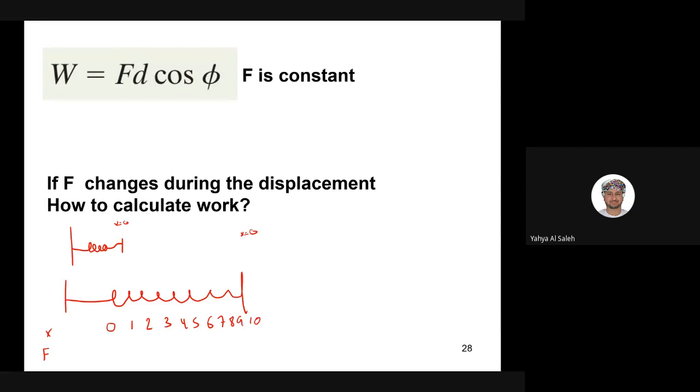My force, because it's F equals kx, now k is just a constant, so for the sake of argument, let's say in this case k equals 2 newtons per meter.